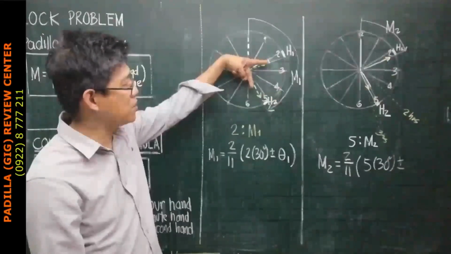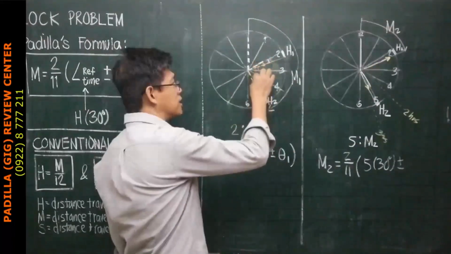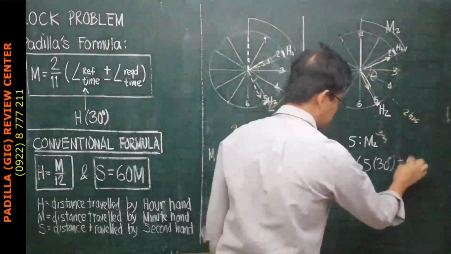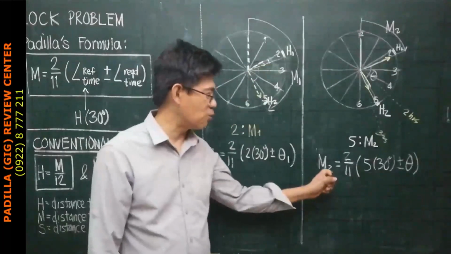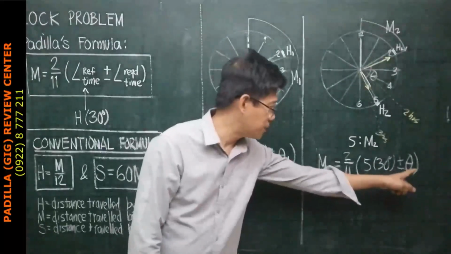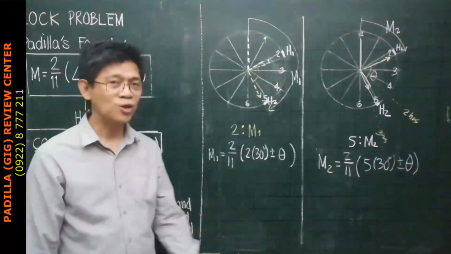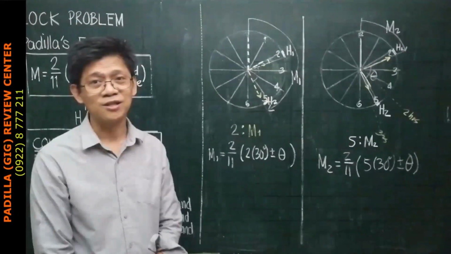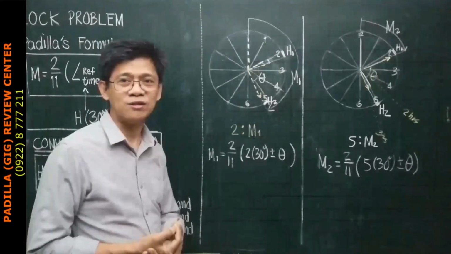Since our hour and minute hand are just interchanged in position, if we call this angle theta, this angle is also theta. Right? This is another equation between M2 and theta. I have theta, I have M2, I have M1. So, 2 equations, 3 unknowns. Kulang ng isang equation. So, paano natin kukunin yung isa pang equation?